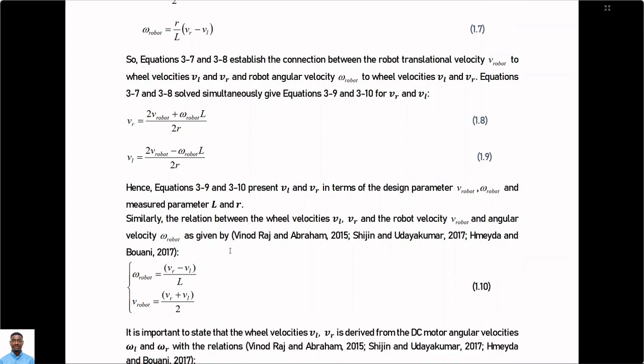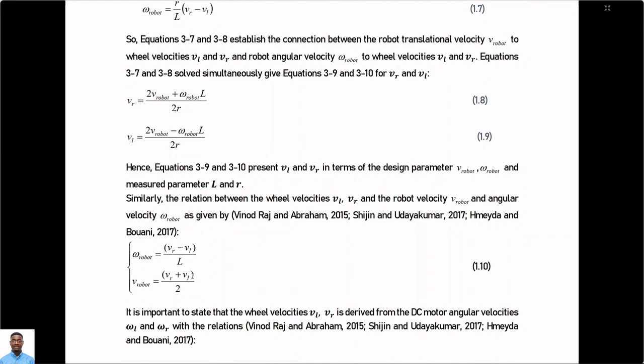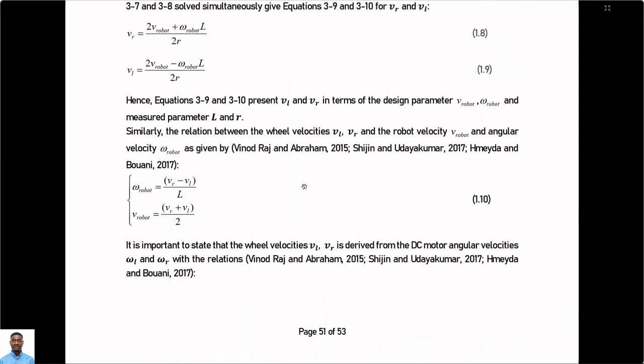So the next thing you want to do is just to make the equations uniform. Like we already said, the relationship between the mobile robot velocity and that of the two actuating wheels, as given by these researchers in 2015 and in 2017.